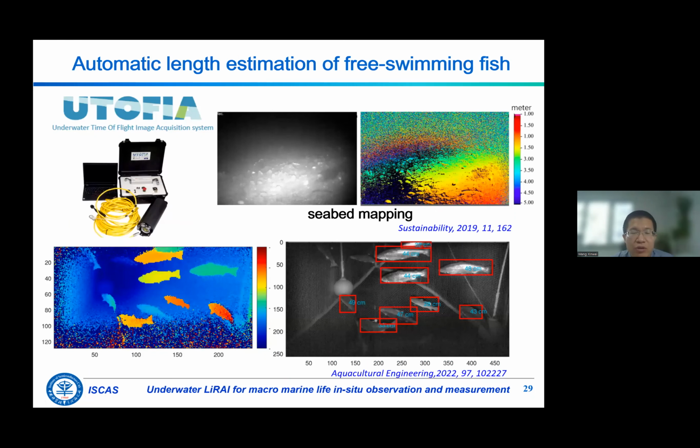We also find that Utopia does similar work and does some good jobs. If one is interested, one can see this paper, where Utopia realizes automatic length estimation of free swimming fish, and so the two pictures here.